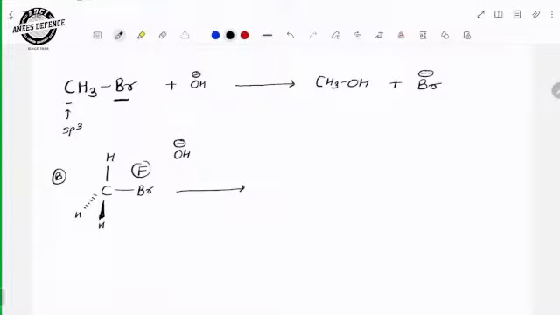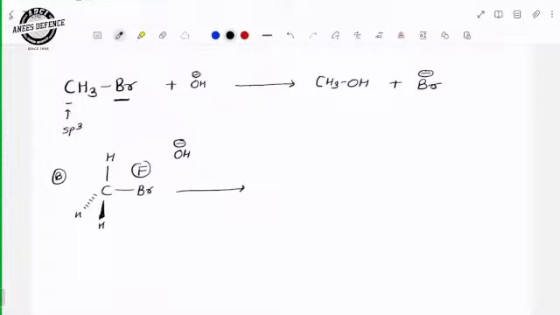This OH minus won't attack this reactant from the front side. Why? Because bromine is a negatively charged species, and OH minus is also a negatively charged species. And we know between two like charges there will be repulsion, right?